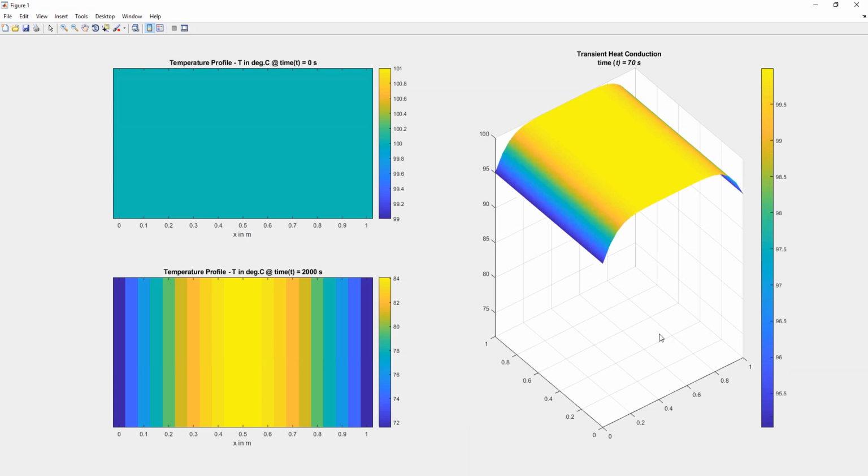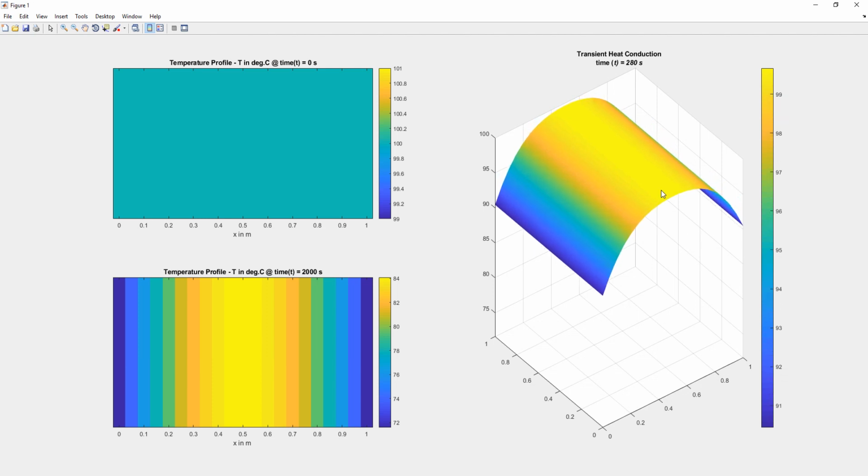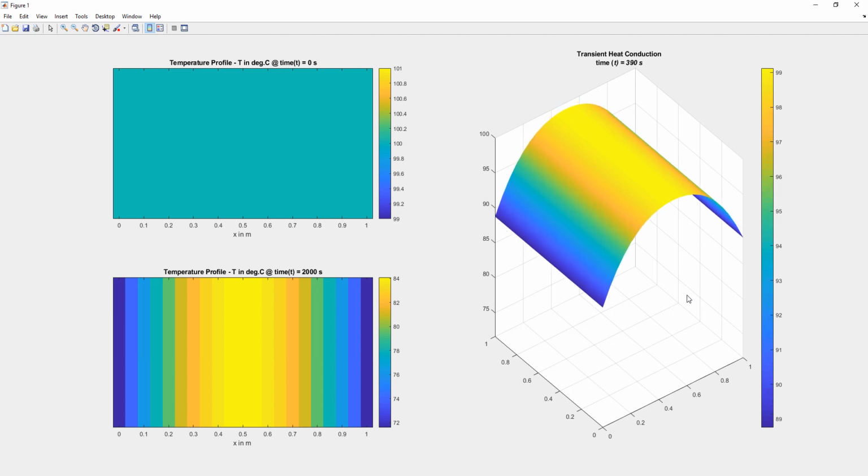In this case, the bar is initially at 100 degrees Celsius, and we are taking heat out of the bar from either end. So the bar is coldest at the ends and hottest at the center. This will again run till the time is 2000 seconds.